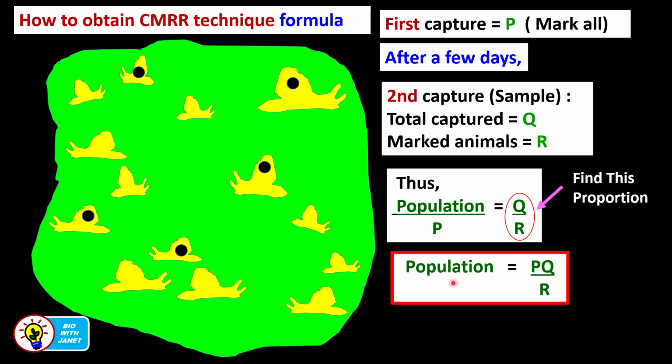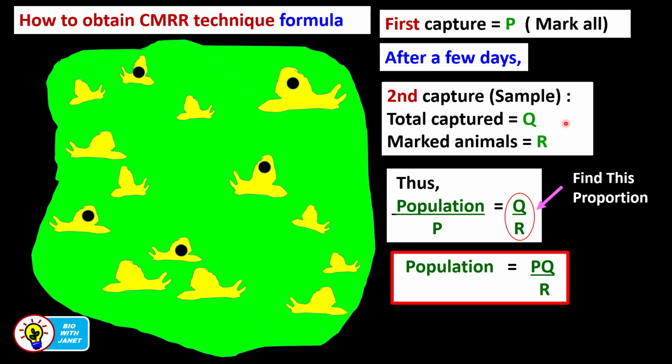Population equals P times Q over R, where P represents the number of animals in the first capture, Q is the total number of animals in the second capture, and R is the number of marked animals in the second capture. It's good for you to know how this equation is derived, so that in case you forget this formula, you can still form a formula yourself from which you can calculate the population size easily.